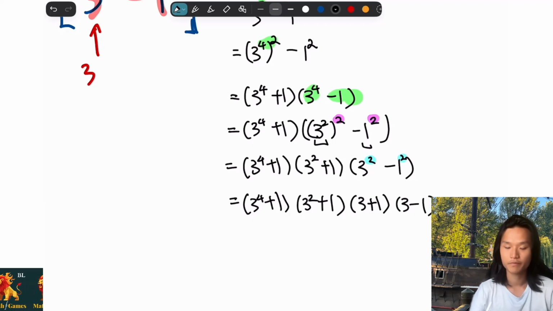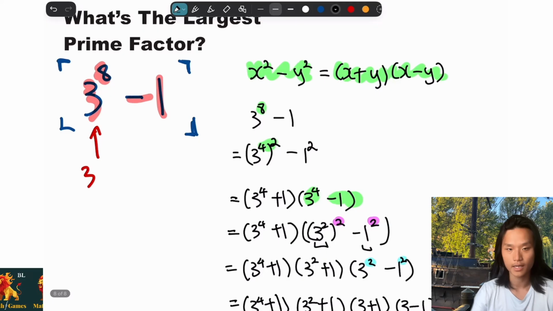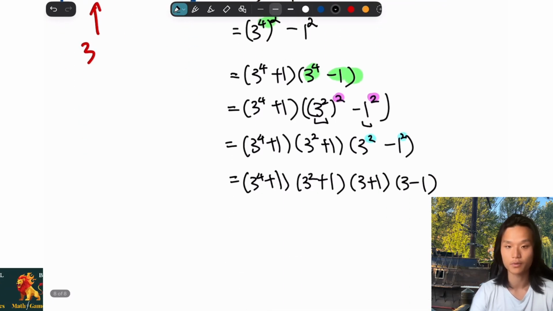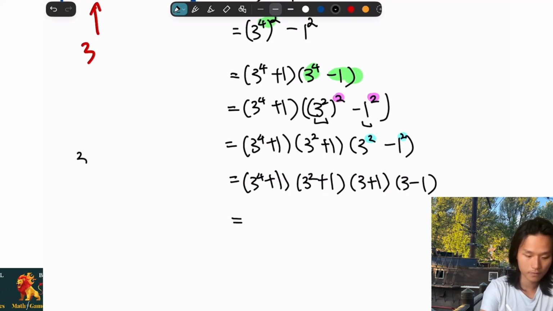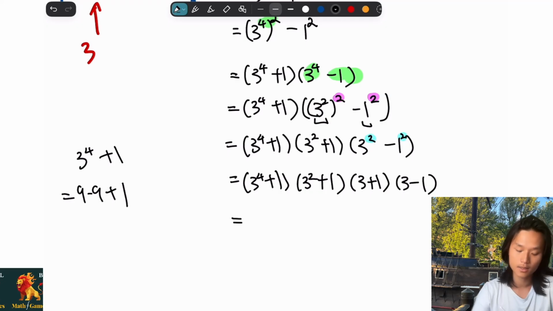So we have broken down our expression 3 to the 8 minus 1 into a product of 4 numbers. So let's find out what those 4 numbers are. Okay, so 3 to the 4 plus 1, so I'm thinking that is 9 times 9 plus 1, I believe.